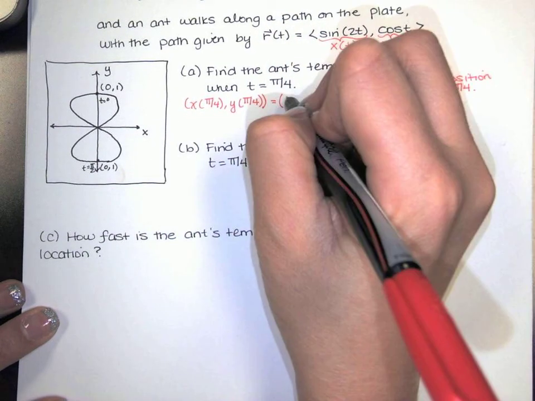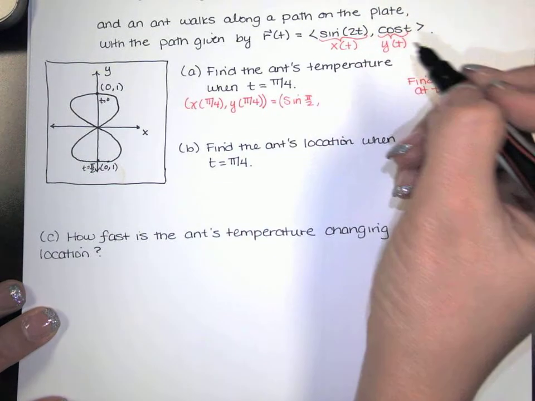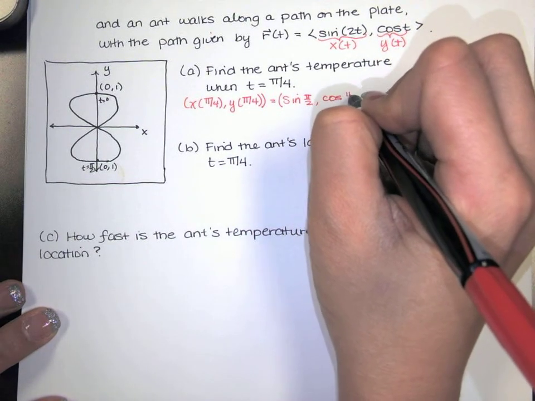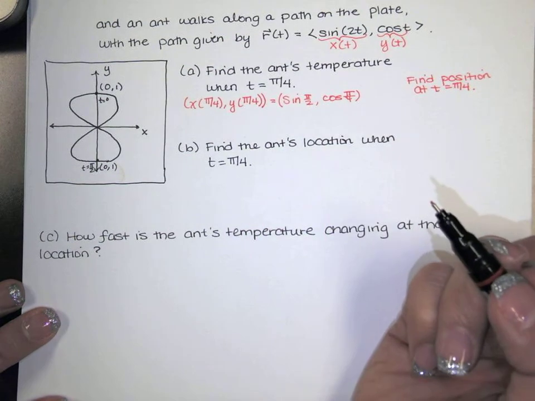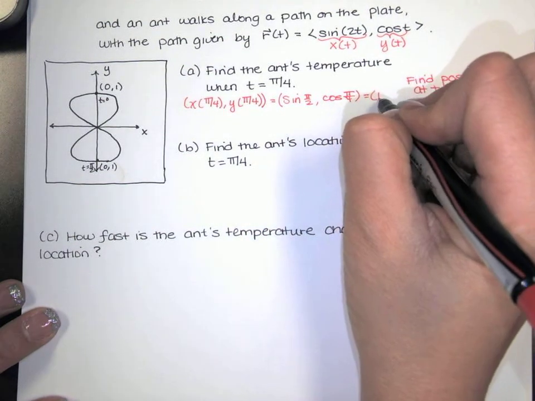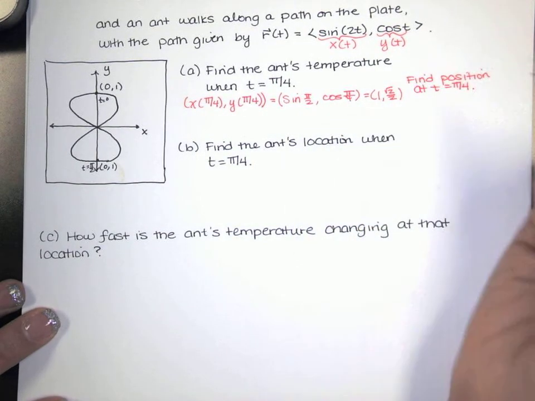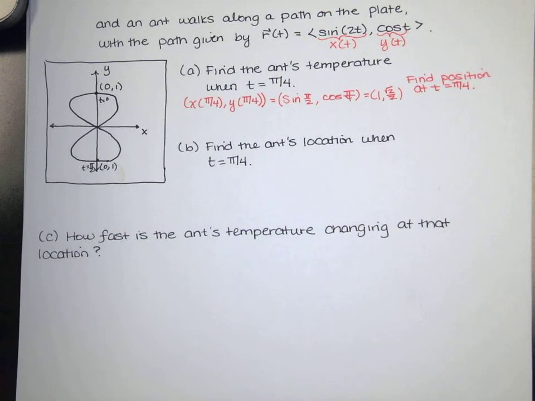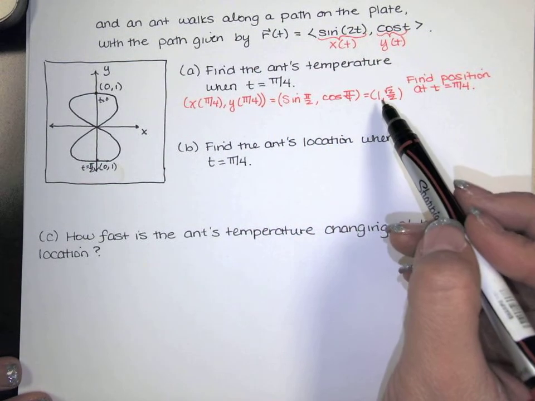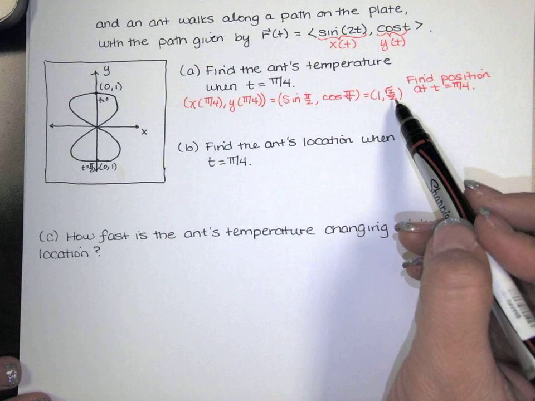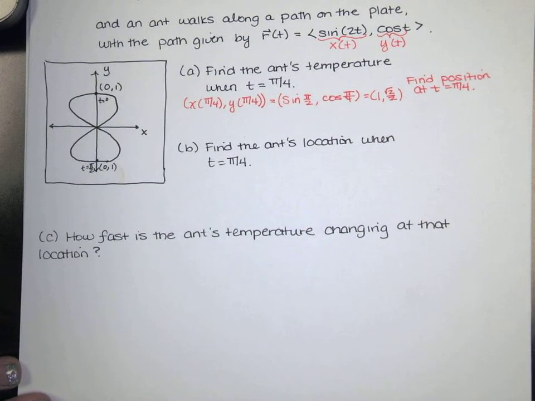So that's sine of 2 times pi over 4, which is pi over 2. And then I've got cosine of pi over 4. Well, sine of pi over 2, or 90 degrees, is 1. Cosine of pi over 4 is square root of 2 over 2, so it's about 0.7. So when t equals pi over 4, we're at the location x equals 1, y equals about 1.4 divided by 2, or 0.7.